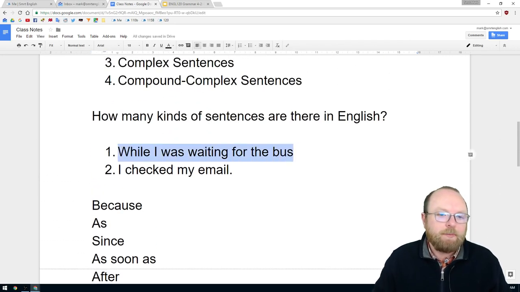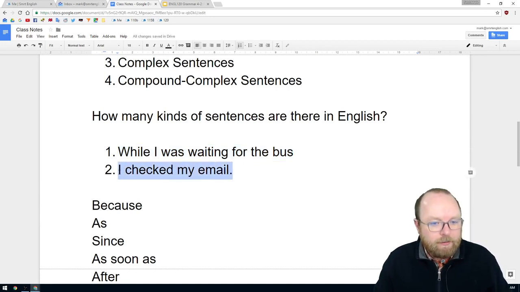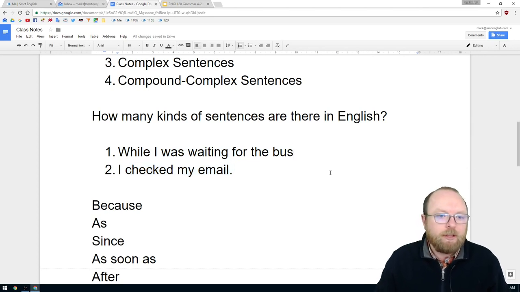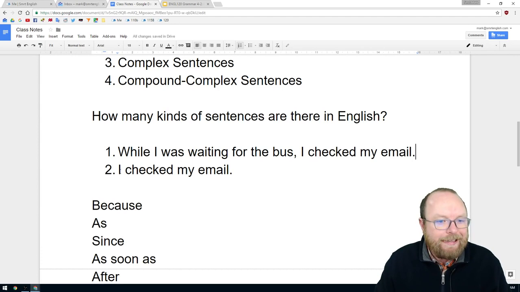Okay, so this one is dependent. Okay, so remember the rule. If you start a sentence with a dependent clause, you need a comma. I checked my email. But if you start a sentence with the independent clause, you don't need a comma.